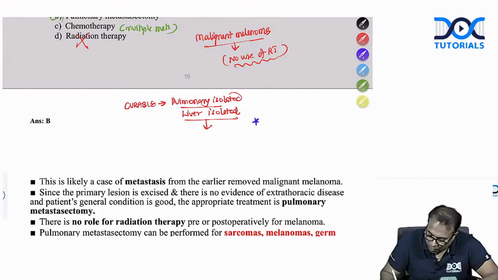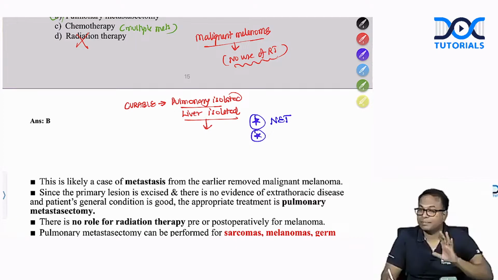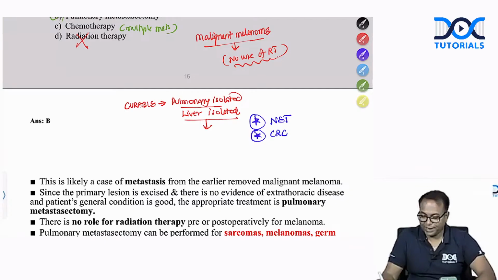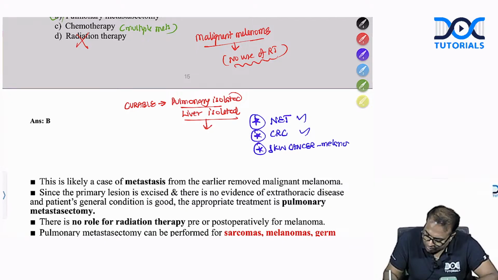One of the most important in this is neuroendocrine tumor. Never forget it. Neuroendocrine tumors will live normally after liver mets resection. Next, colorectal cancers. Colorectal cancers, neuroendocrine tumors, and skin cancers. Especially skin cancer, it is melanoma, is now updated, melanoma.